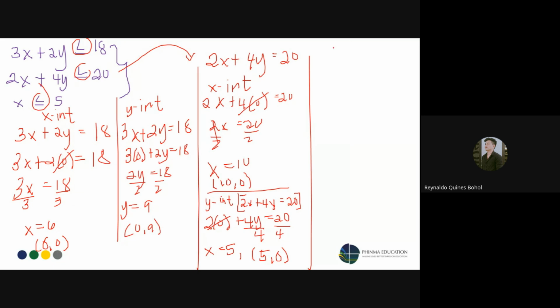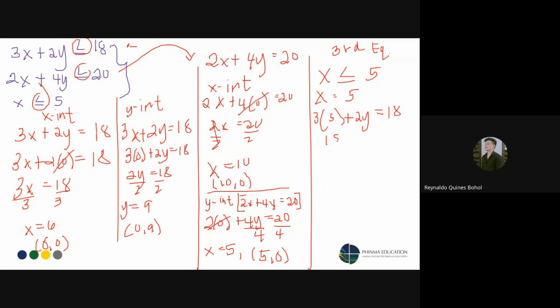Okay, dito naman tayo sa third equation. The third equation is x less than or equal to 5. So, ang gagawin natin dyan is x is equal to 5. Kunin natin yung first equation. Third to first muna. So, magiging 3 times 5 plus 2y equals 18.